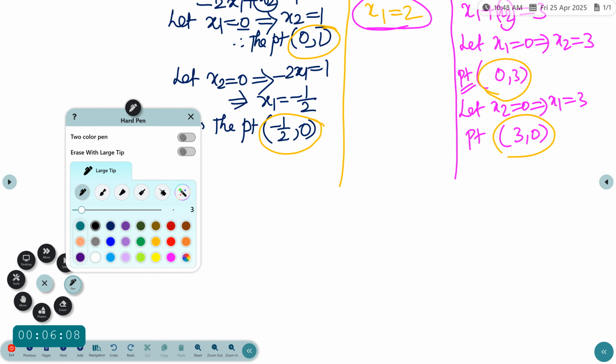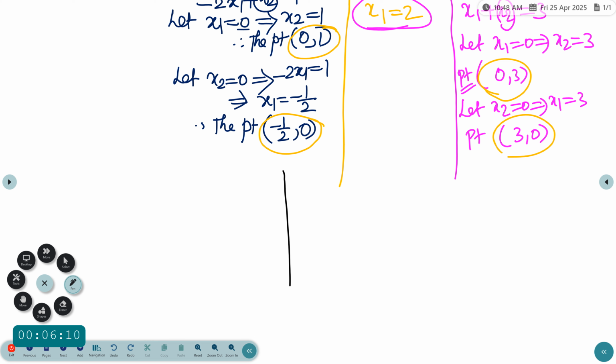So try to draw the graph. We are taking two axes, one axis is x1 and another axis is x2. The two decision variables are taken on the x-axis and y-axis. The origin is considered as 0. Then the points are 0 comma 1, minus half comma 0, 0 comma 3, 3 comma 0. So depending upon the value of the points, choose the scale for x1 and x2.